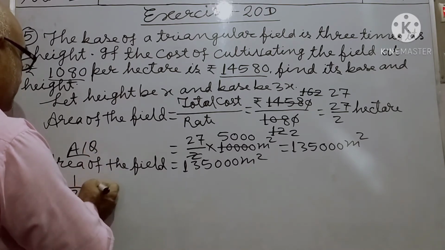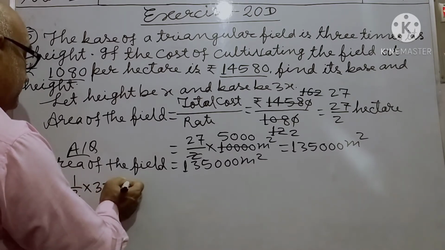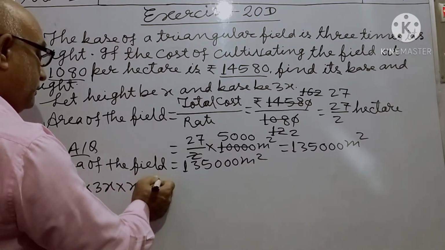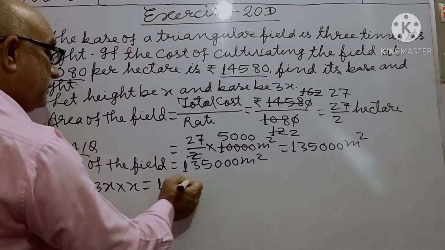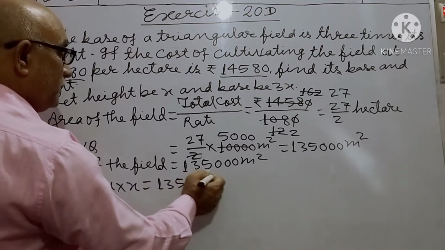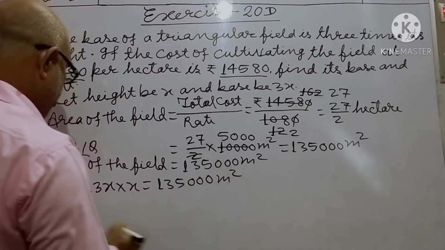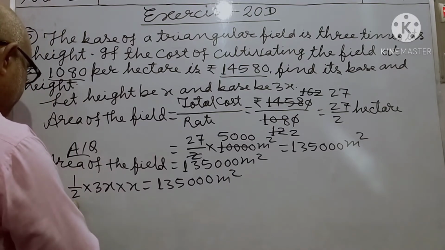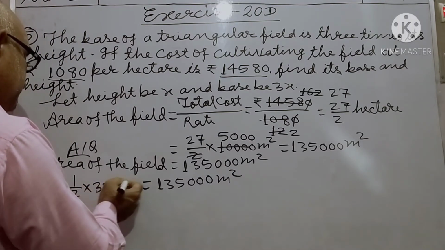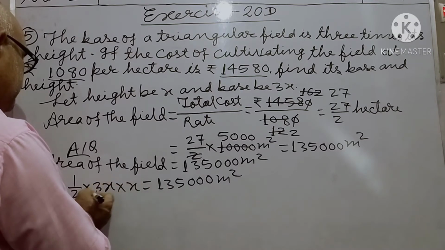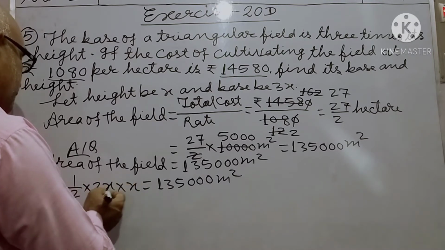So base is 3x into x equal to 135,000 meter square. 3x square.